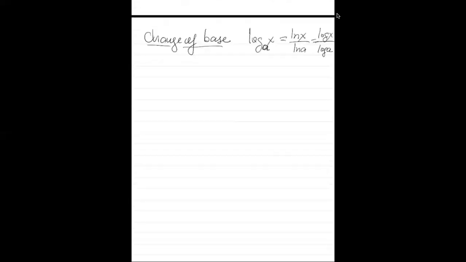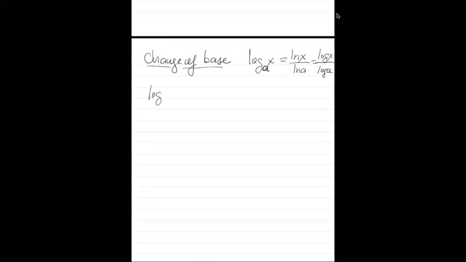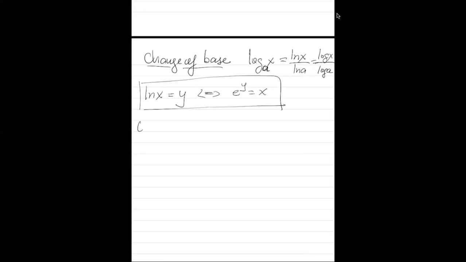So the natural log is a log with base e. ln x equals y is equivalent to e to the y equals x. So this is the same conversion equation but with base e.